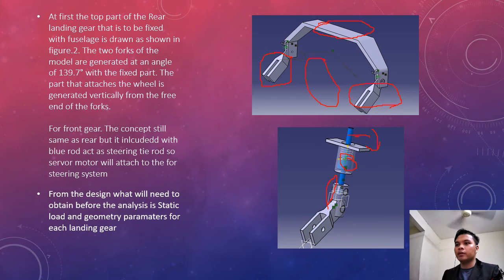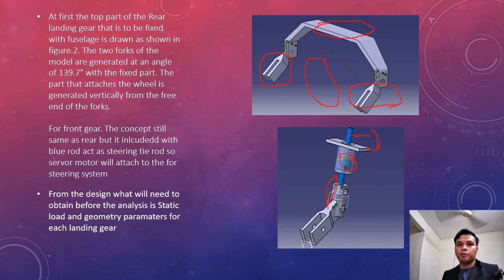Okay, from the design, what we need to obtain before analysis is the static load and geometry parameters for each landing gear. The static load will include the static load on the front landing gear, the ultimate static load on the front landing gear, and the static load per strut.